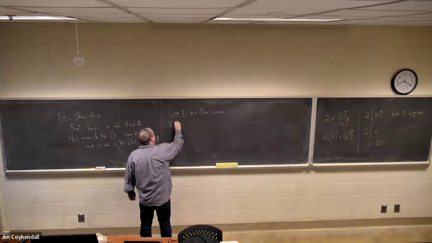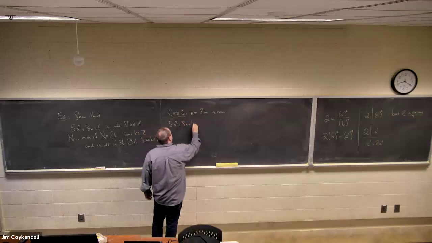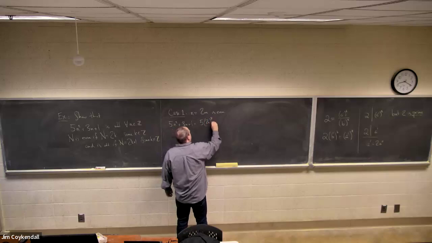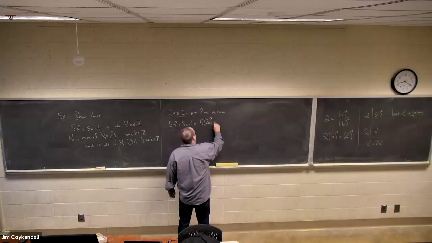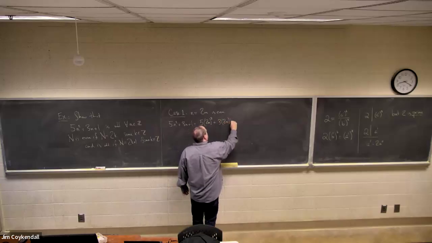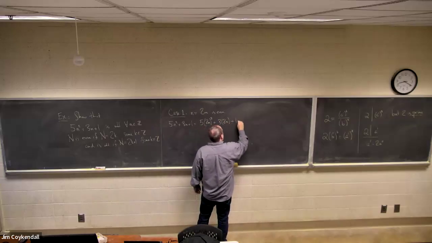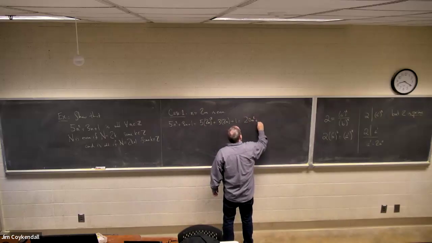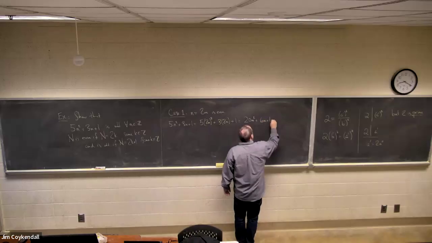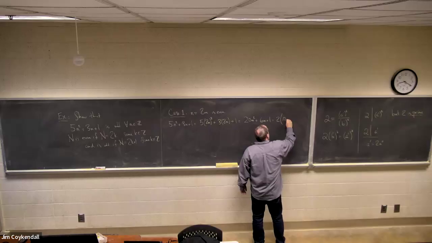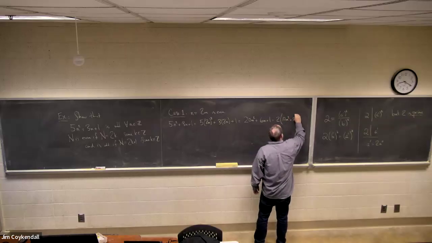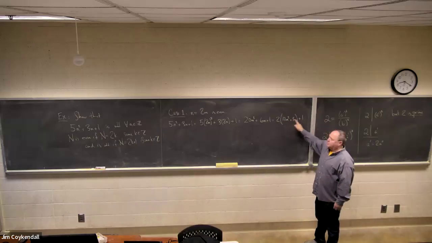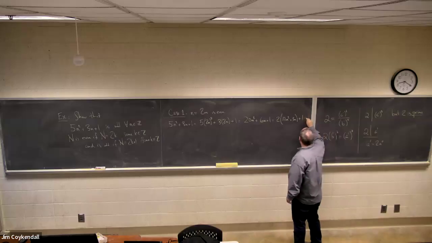So if you look at 5n squared plus 3n plus 1, this is 5 times 2m squared plus 3 times 2m plus 1. And this is going to be 20m squared plus 6m plus 1, which is 2 times an integer plus 1, so this is odd.